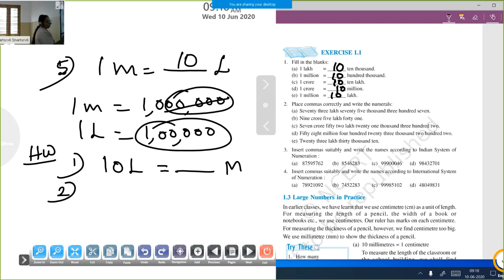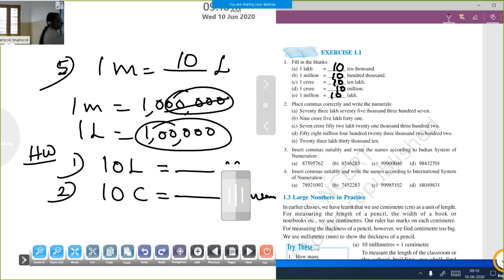Second one, 10 crore equal to dash thousands. You copy down these two answers and send me today, okay? Teacher wrote all the fill in the blanks, first 5 questions. Teacher gave you 2 homework questions like that.